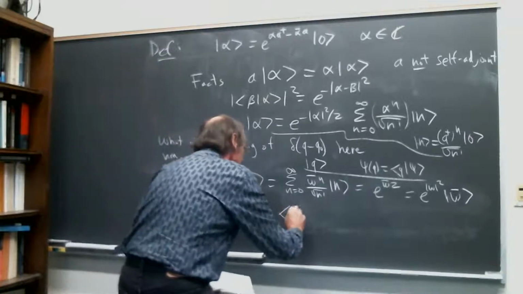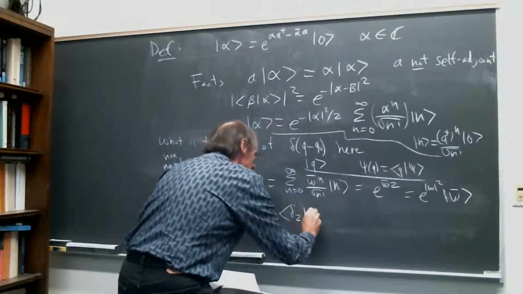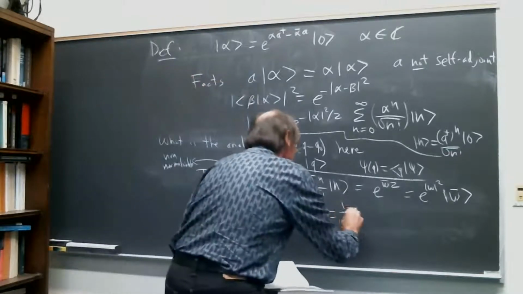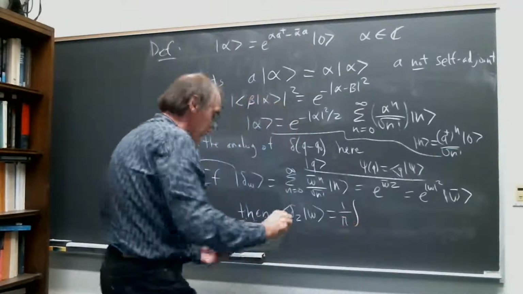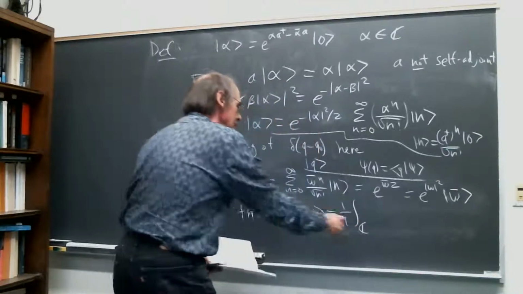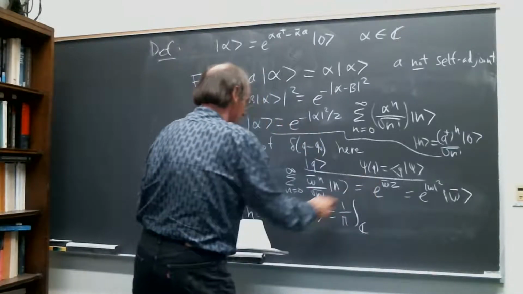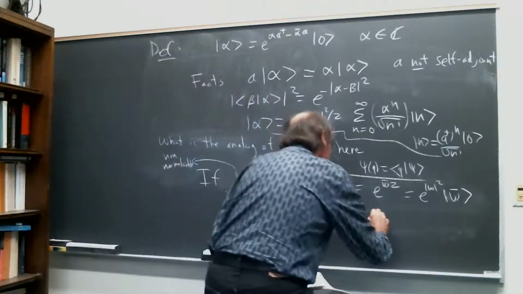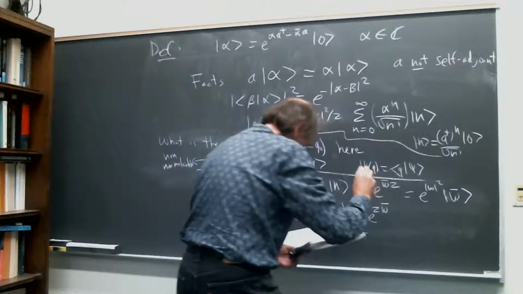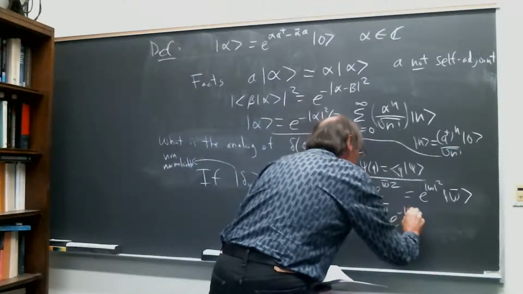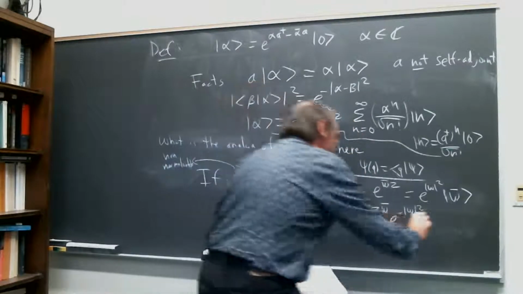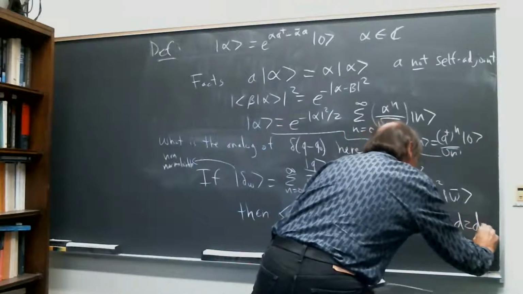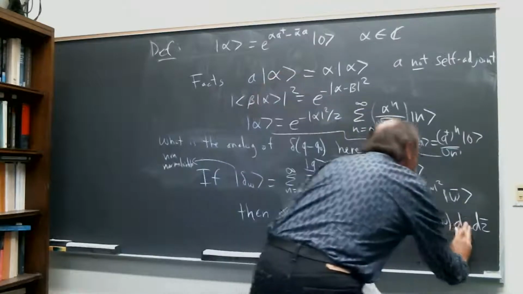Then you can compute delta Z W. There's a calculation you have to do, but you're taking the inner product of this with this, and so you get an e to the Z W bar, e to the minus W squared, psi of W, dW.